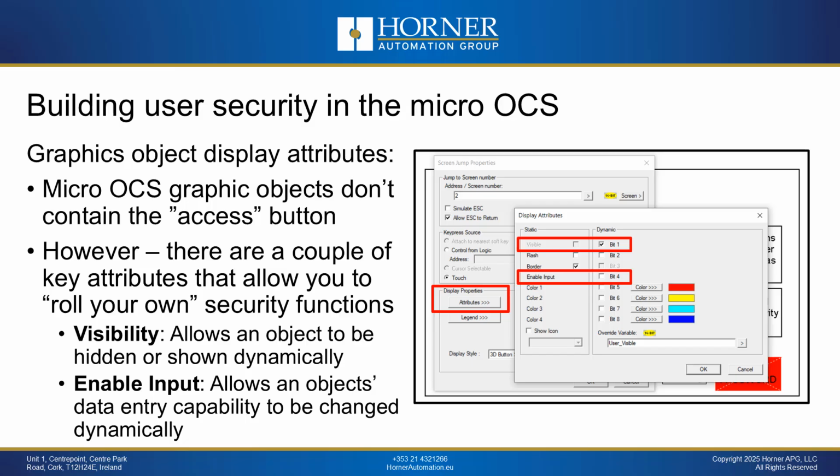By using this attributes button, you can go in and configure a couple of the key attributes that are very useful in protecting objects. One is the visibility attribute. So if you do not want an object to be visible for an unauthorized operator, you can use the visibility attribute to dynamically make it invisible.